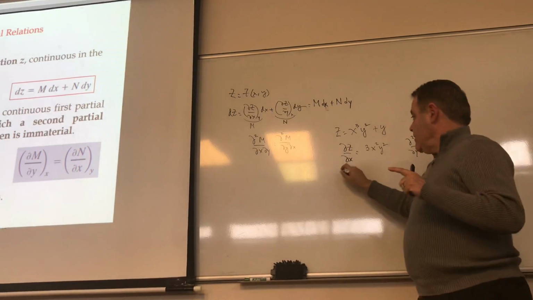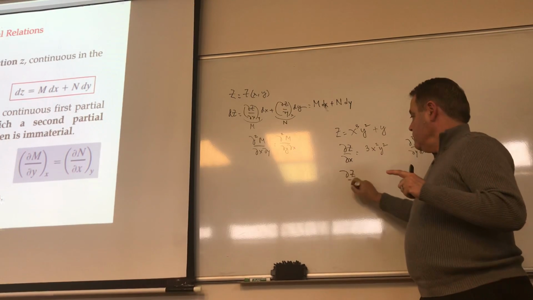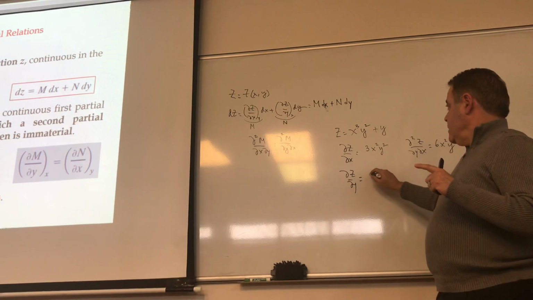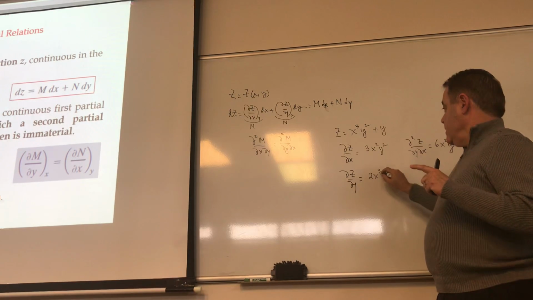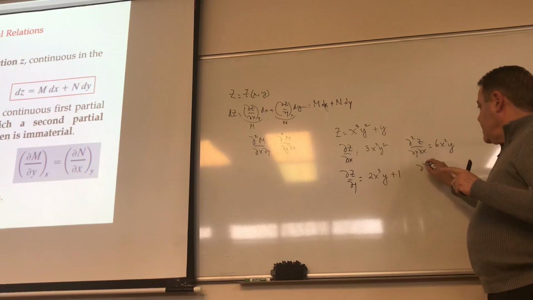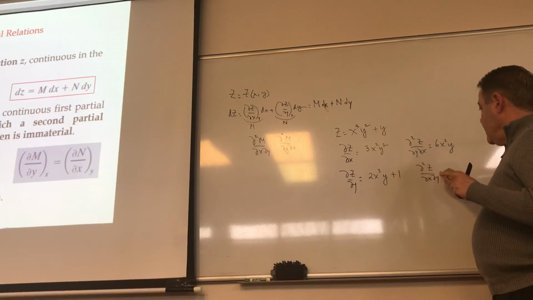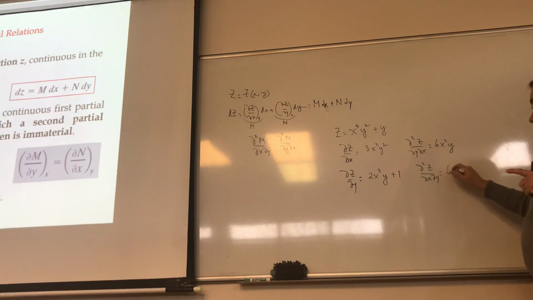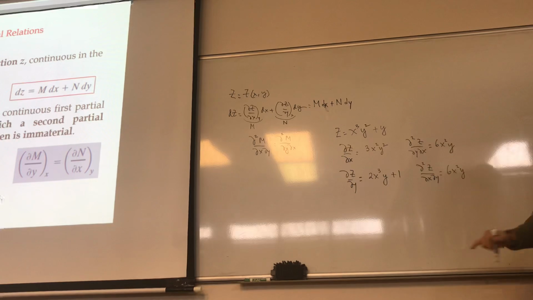Now if I take the derivative with respect to y first, what do I get? 2x³y + 1. Then if I take the derivative with respect to x, what do I get? 6x²y + 0. You see, I get the same derivative whether I start with x or start with y.